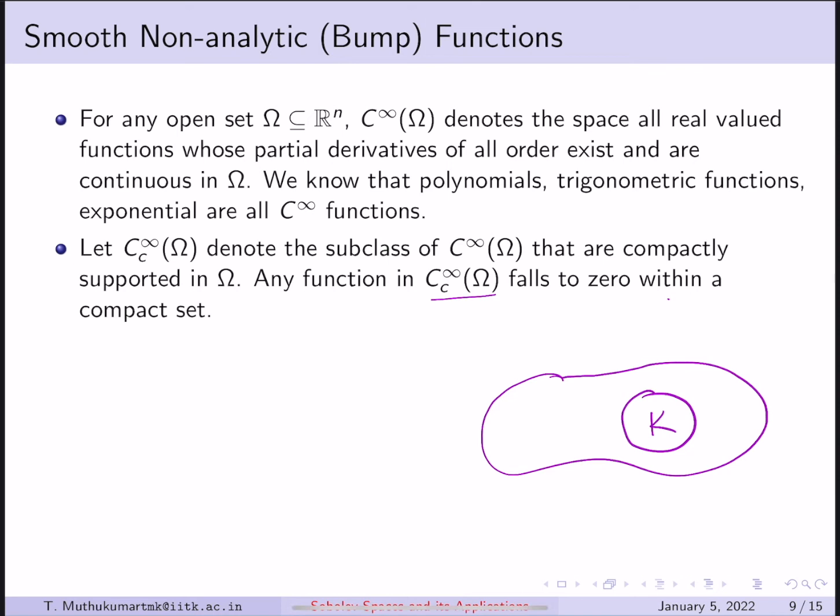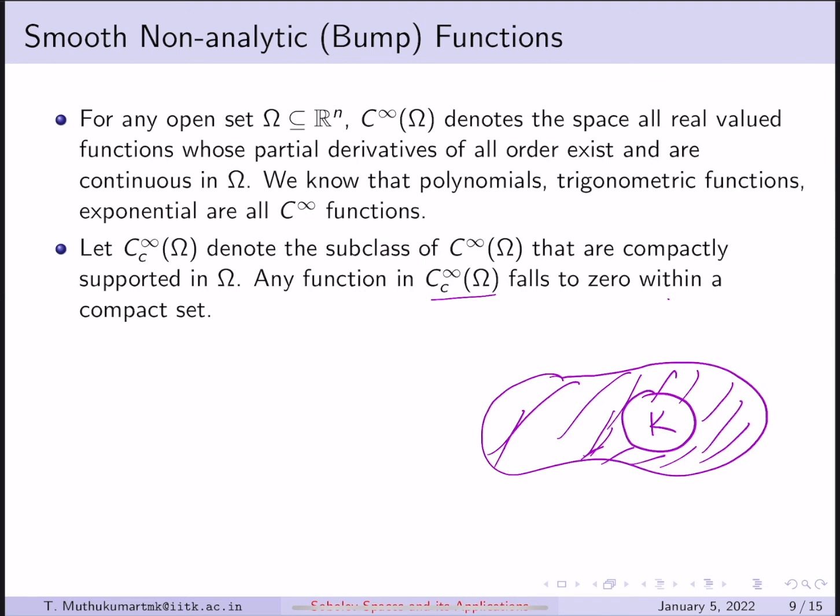Any function will be such that it has to be non-zero here and should become 0 in a subset of K. Basically it should become 0 within K and then become 0 everywhere.